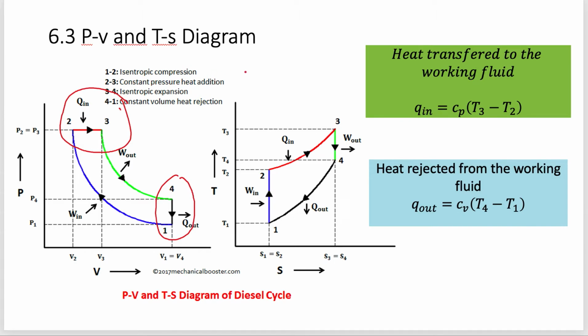And constant pressure heat addition from state 2 to state 3, we can use the ideal gas equation. 3 to 4 is isentropic expansion, and from 3 to 4 we can apply the green formula, and 4 to 1, constant volume heat rejection, where we can apply the ideal gas equation. So please remember, the green formula only applies at the isentropic compression and isentropic expansion.